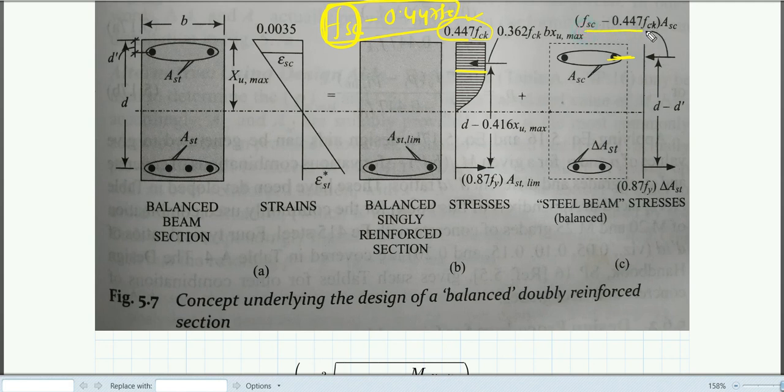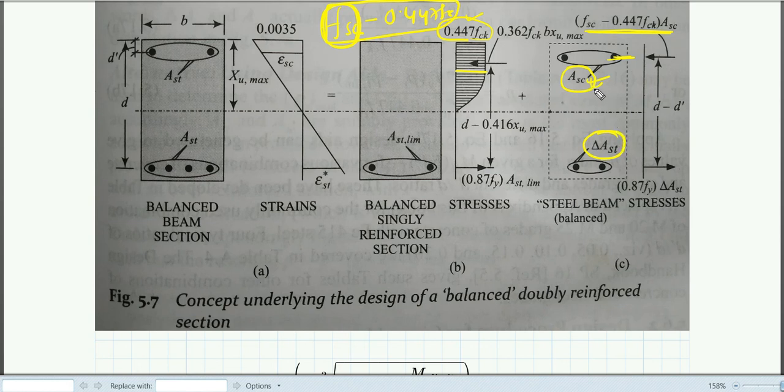So the stress in the compression steel is given by FSC minus 0.447 FCK times ASC, and this delta AST is provided in relation to how much compression steel you have provided. The equivalent amount of steel is provided in the tension zone as well to take care of the equilibrium.